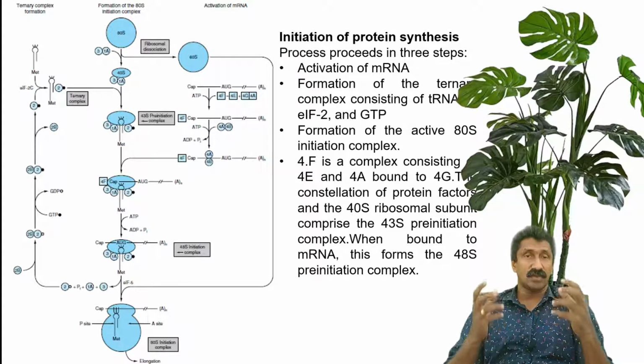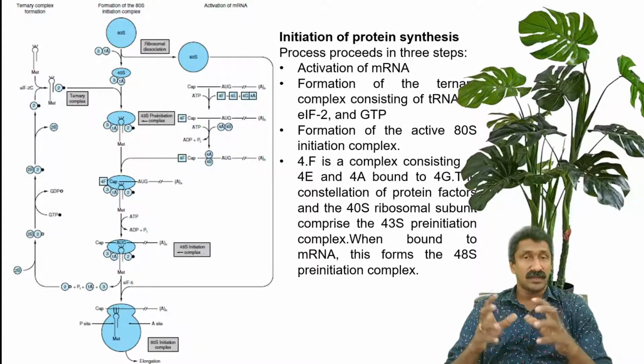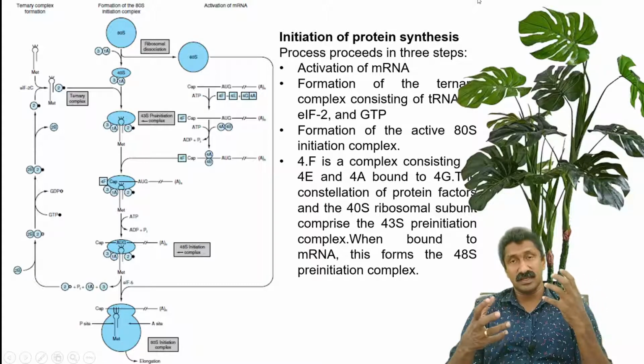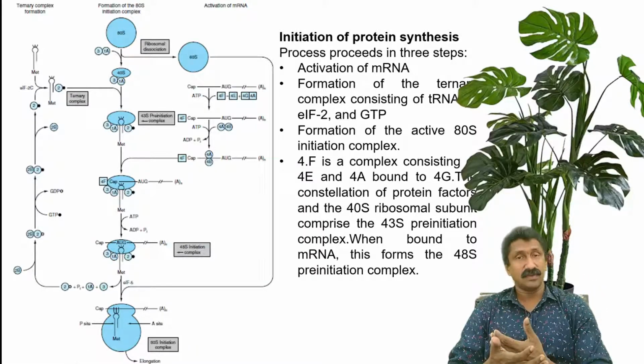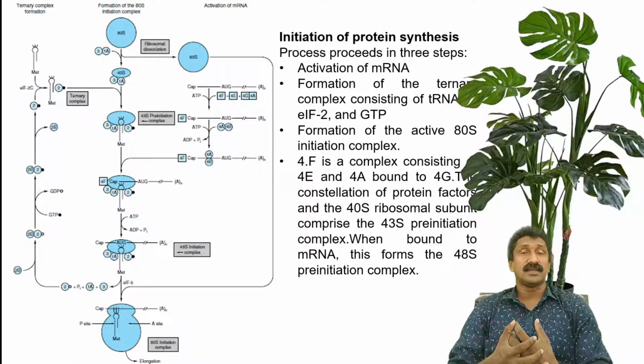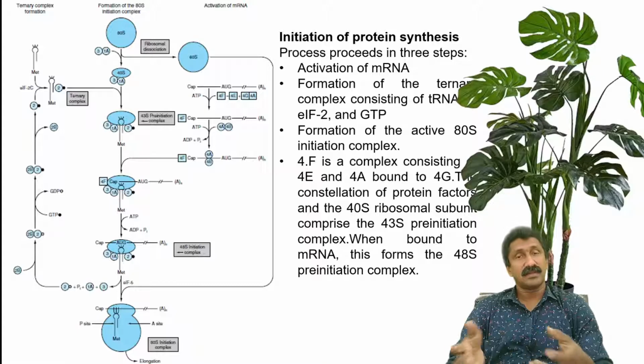This ternary complex will bind to the mRNA at the start point, the 5' cap site, and that activates the mRNA. Subsequently, other factors will also bind, aiding the required structural change in the mRNA, and the initiation complex will be formed by binding.